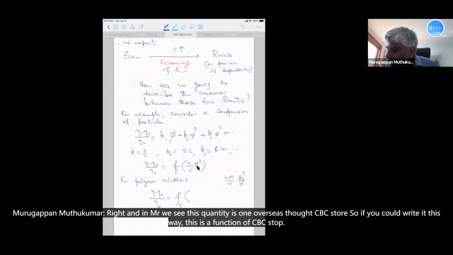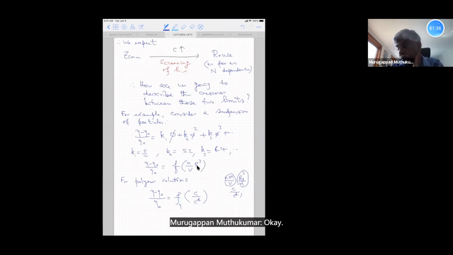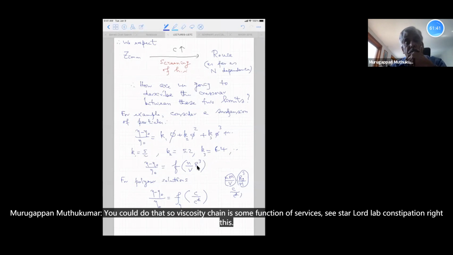And n m over v is c. This quantity is 1 over c star, c by c star. So we could write this as a function of c by c star. So viscosity change is some function of c by c star.